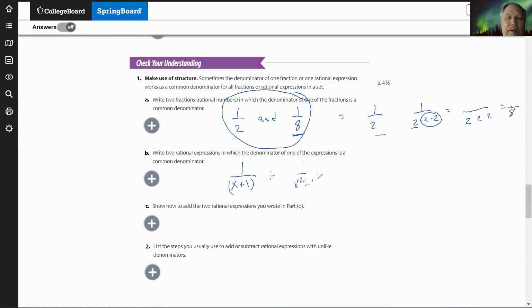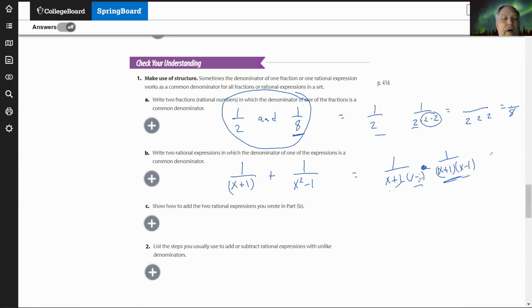And you may look at that and go, well, what are you talking about? Well, it turns out that in this case, 1 over x plus 1, and this one we factor as 1 over x plus 1, x minus 1. The way to make them look the same is we keep the x plus 1 and we throw in the x minus 1. So they're both going to look like that one there.